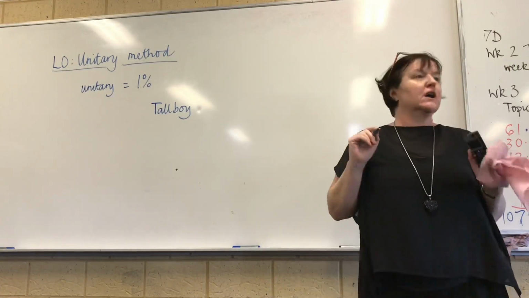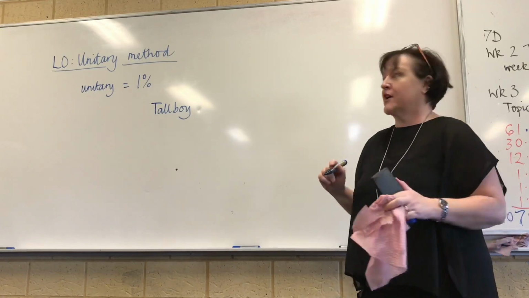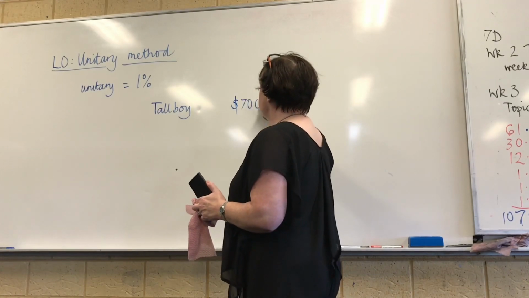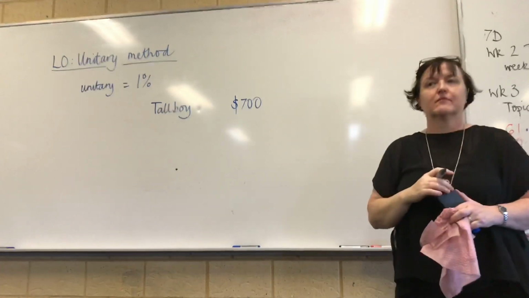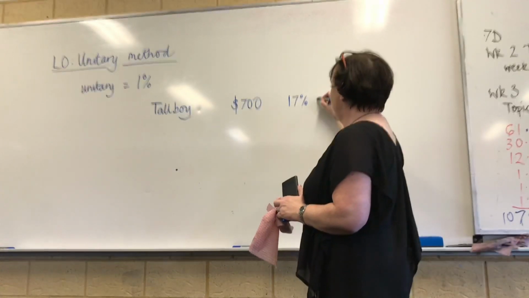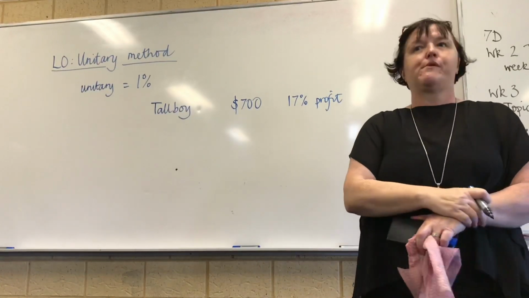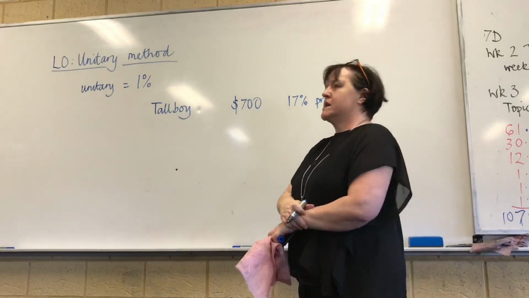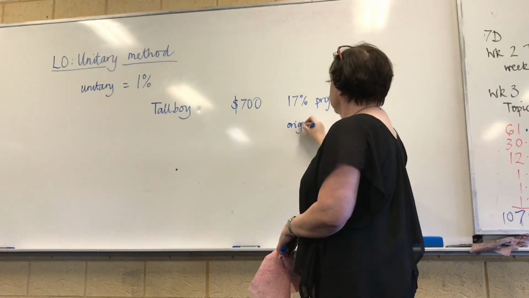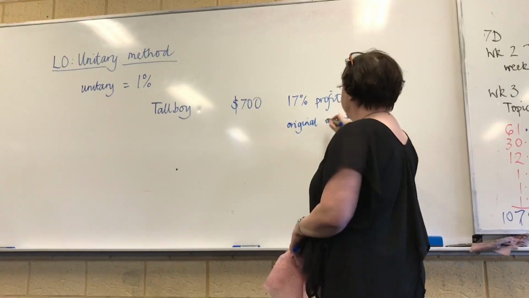Okay, so a shopkeeper buys the tall boy and sells it for $700. He has made a 17% profit on his original investment. So what was his original investment? What that means is, what did he actually pay for it?